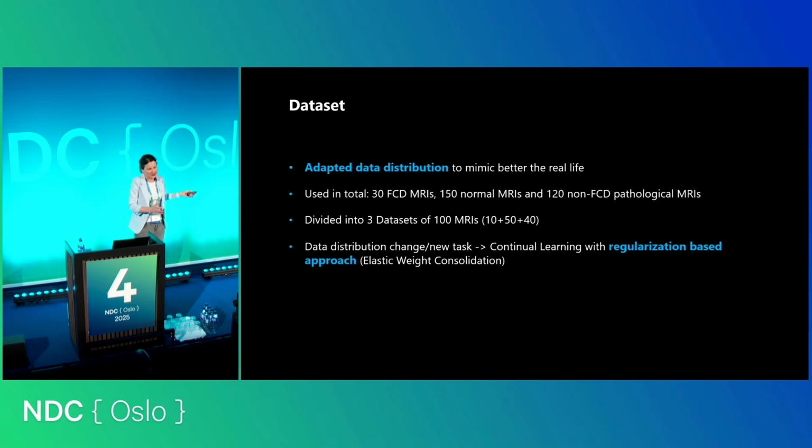Because we have a changed data distribution and a new task, but one which is still very similar to what we had before, we start with the regularization-based approach, more specifically elastic weight consolidation. And by the way, a best practice here: the regularization-based approach is the easiest one of them all, and it is recommended to start with it, and only if it's not helping, move forward to the other methods.